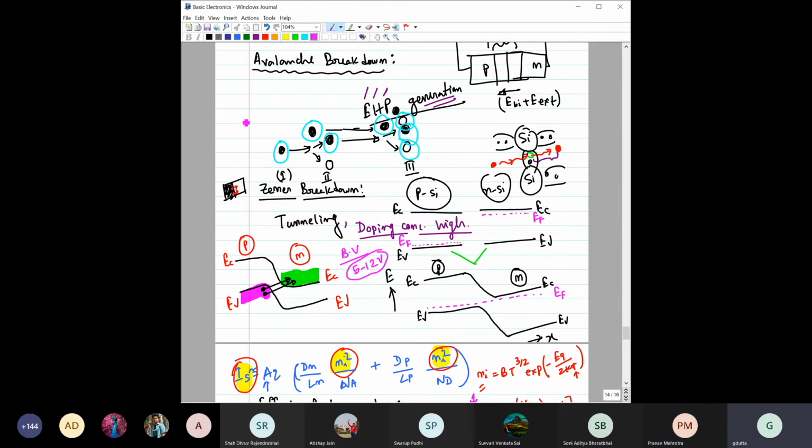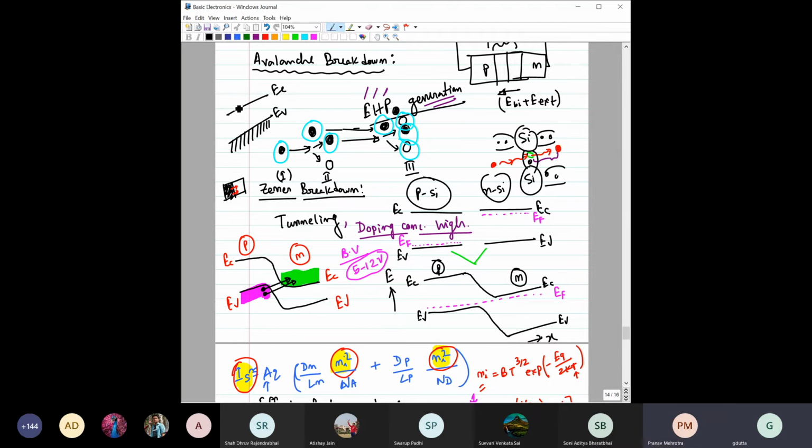Because if you recall our discussion on this energy band gap, we have seen this Eg and Ev. We have said that in the valence band you have all these covalent bonds, and a huge amount of electrons. All the electrons in the covalent bonds are the valence band electrons.